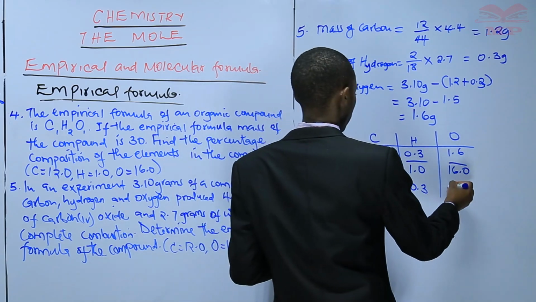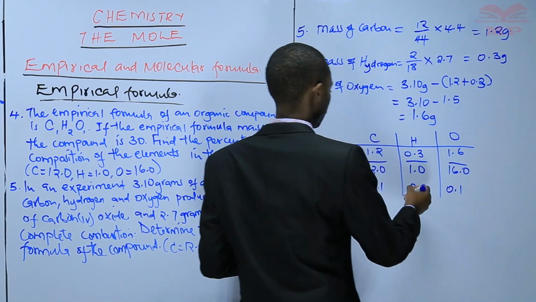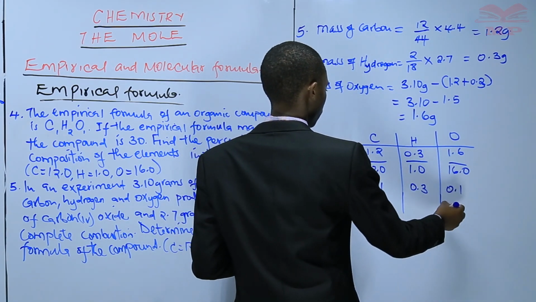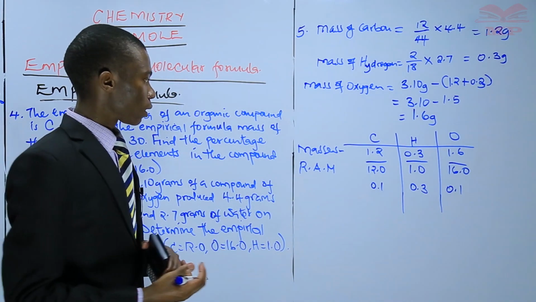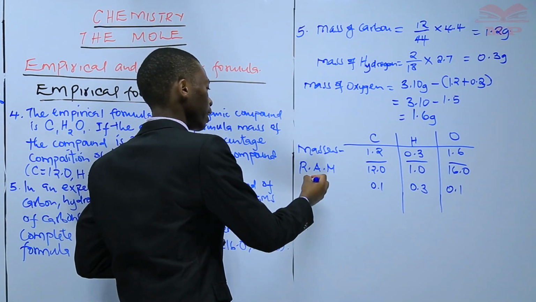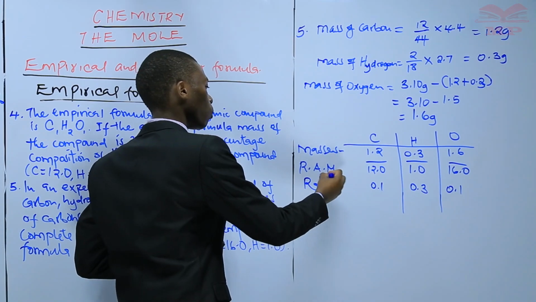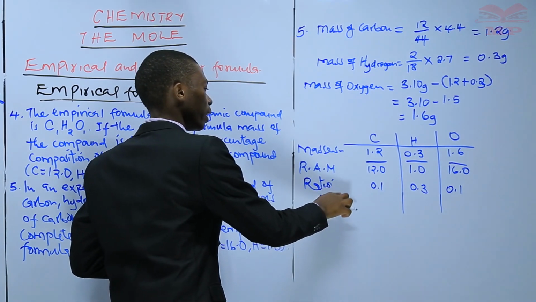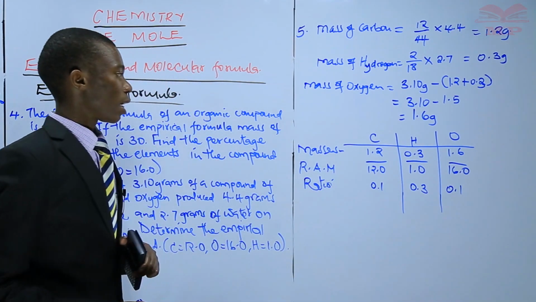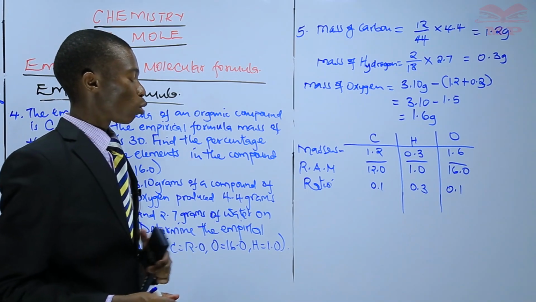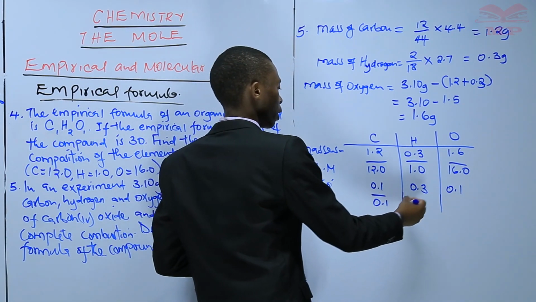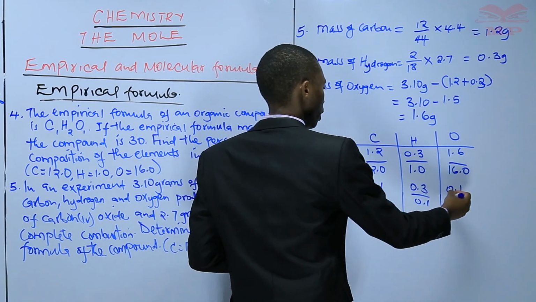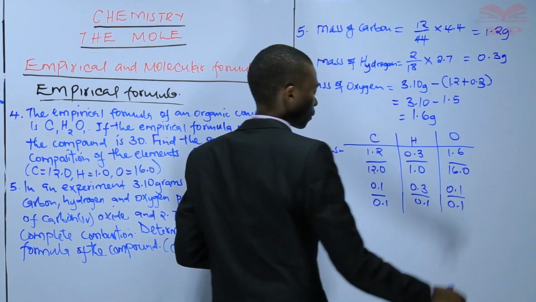Again, you divide by the smallest. This is the ratio in which carbon, hydrogen, and oxygen are combining. The smallest is 0.1, so you divide all of them by 0.1.